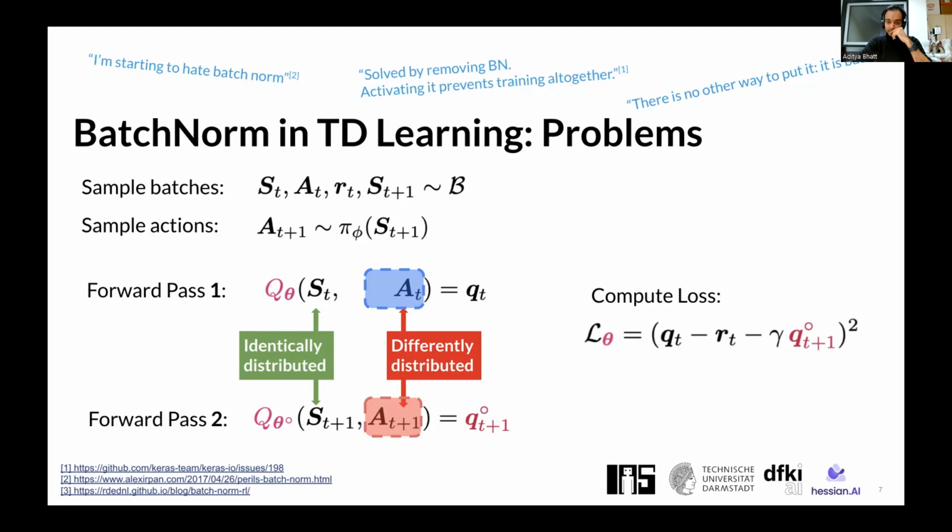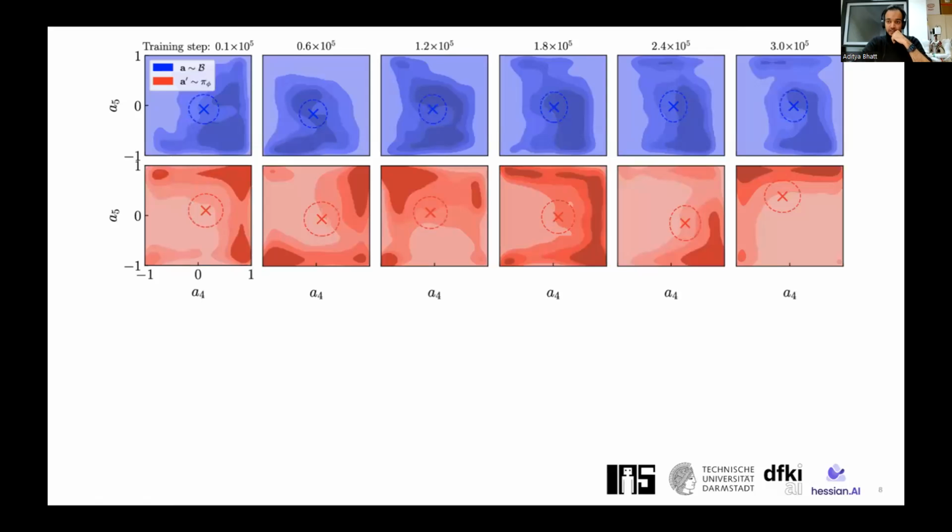And we can look at this empirically. So here's an agent that was trained over many, many time steps, the standard training length that we have in this paper. And we're going to take snapshots of the action distributions over time. On the y-axis, you see one coordinate of your action space, and on the x-axis, another coordinate.